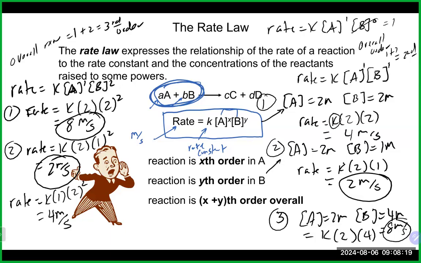You can increase it tenfold, it will still end up being 1, right? Because it's to the 0 order. The only thing that would affect this reaction is actually A. So if you had a rate law like that, and you wanted to make the rate faster or slower, your only option would be to do something to A to speed it up or slow it down, because you can do whatever you want to B, it will not affect it. Any questions on that there?